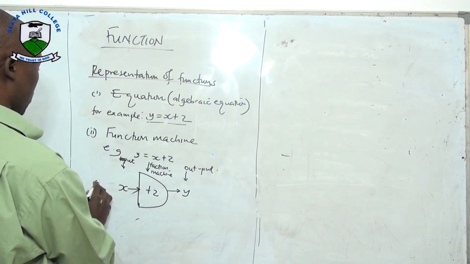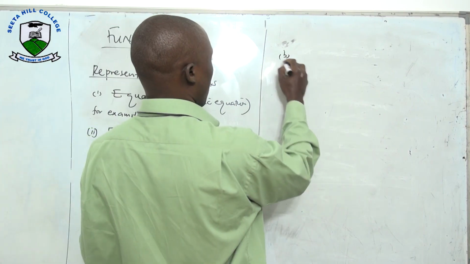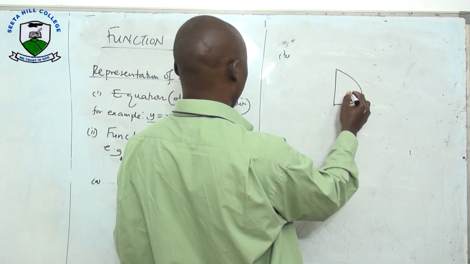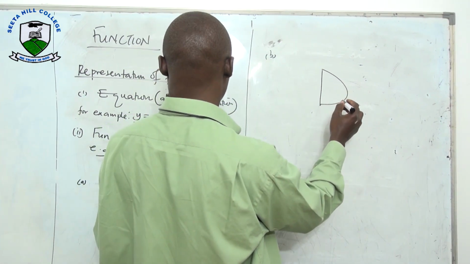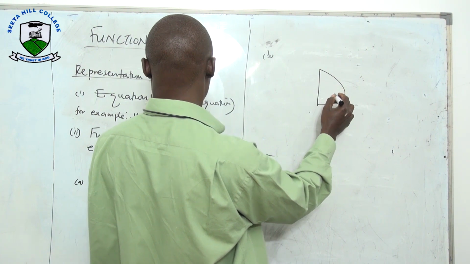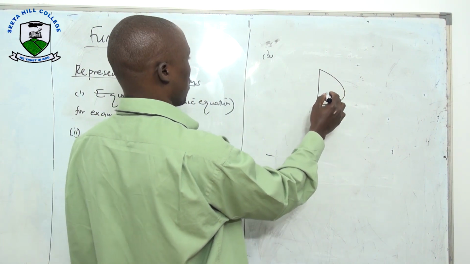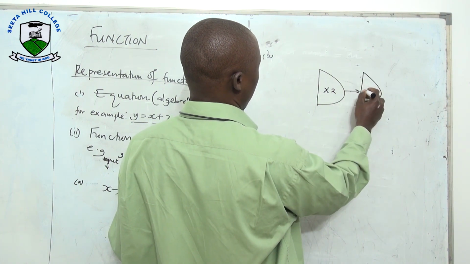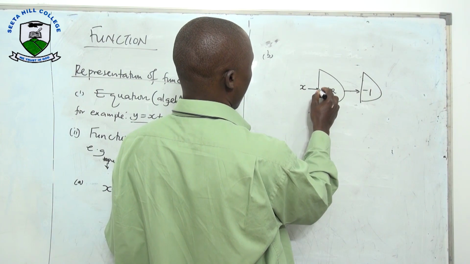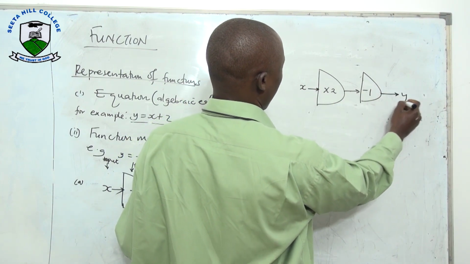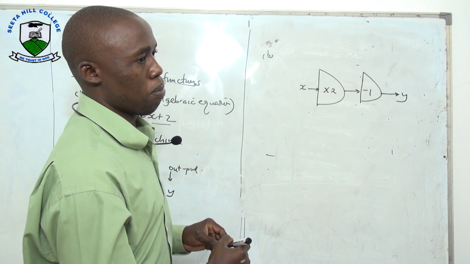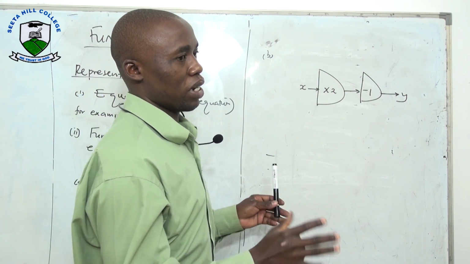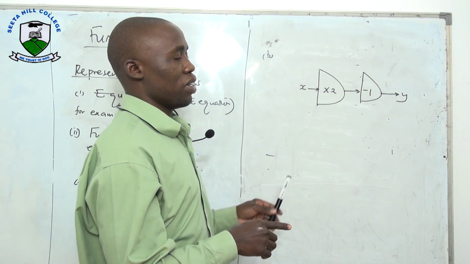This is A. If the function machine is this, how do we look at that? How would that equation be? How would the function be in terms of an equation, if this is a function machine?